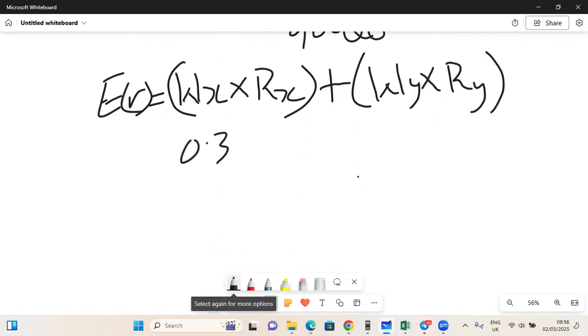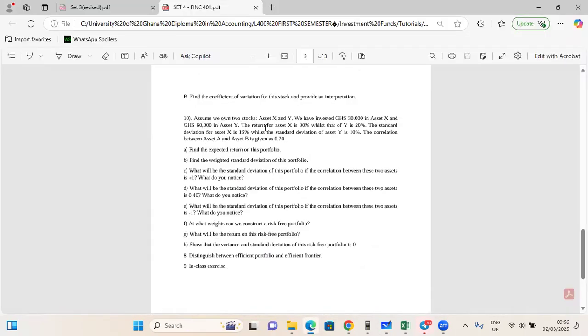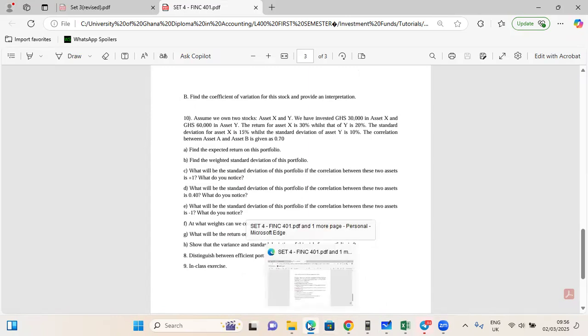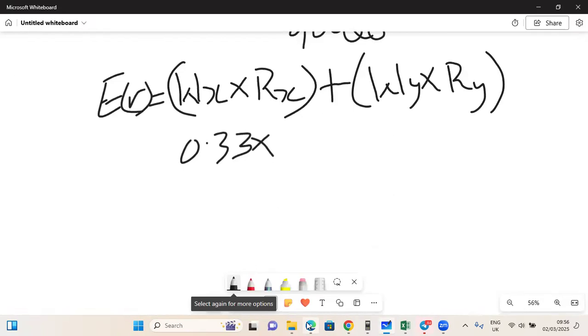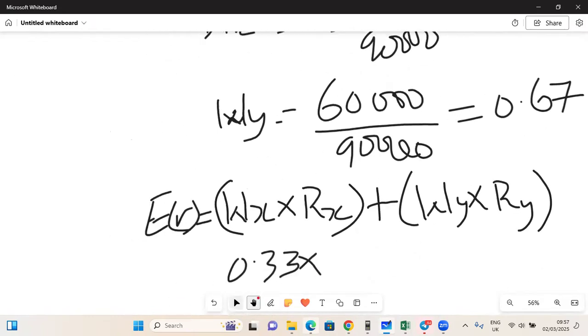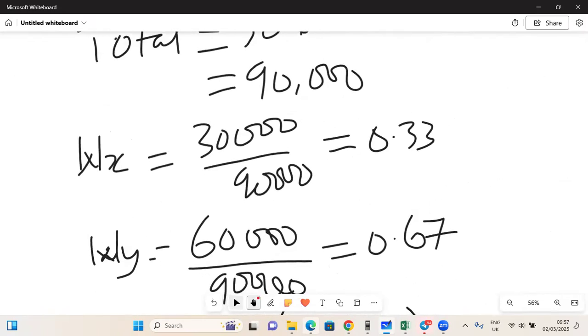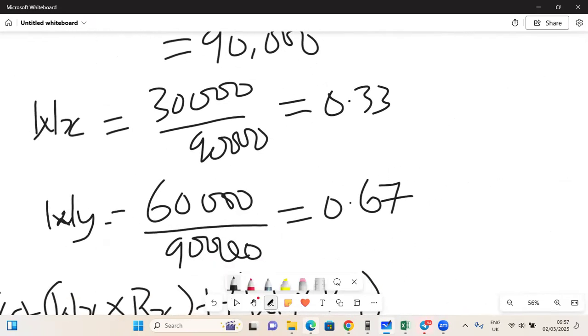Remember now, someone, what was the return of X in the first part? The return of X is 30%, so 0.3.